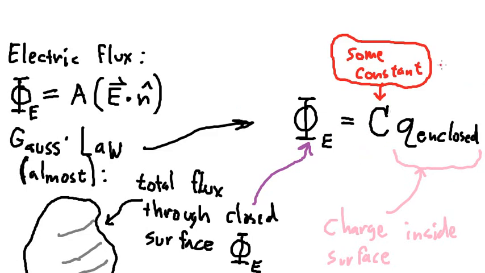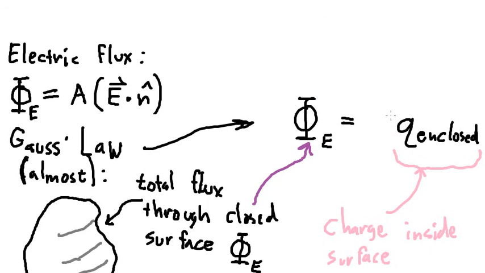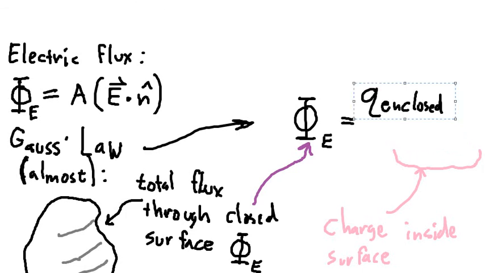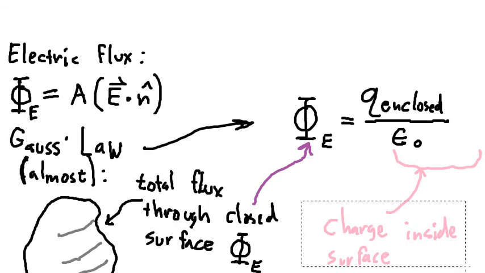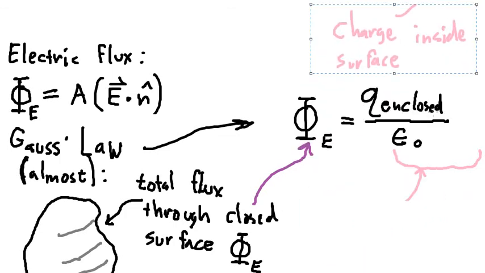Okay, so epsilon naught is the permittivity of free space. It is equal to, as you can tell from this, 1 over 4 pi times k, which is Coulomb's constant.